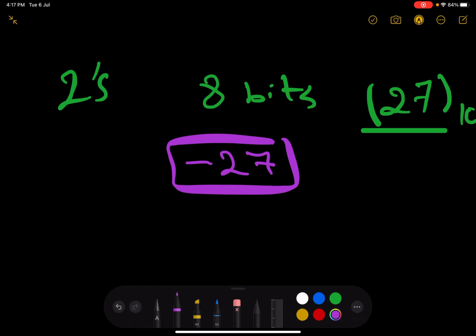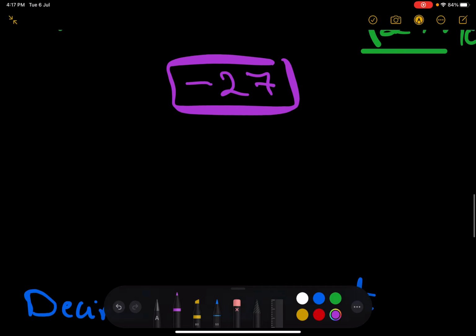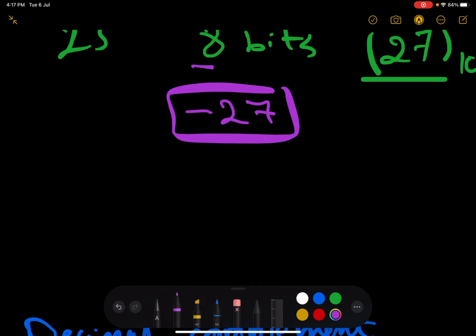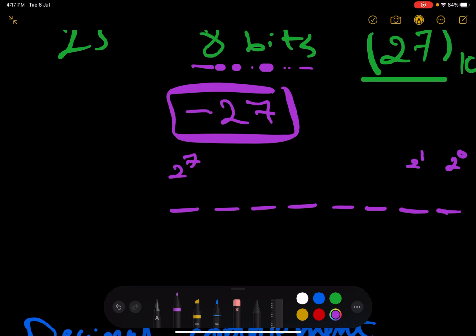First we will convert 27 from decimal to the binary system, using 8 bits. Here we have our 8 bits starting from 2 power 0 up to 2 power 7, and each time we keep incrementing the power until we reach our most significant bit.